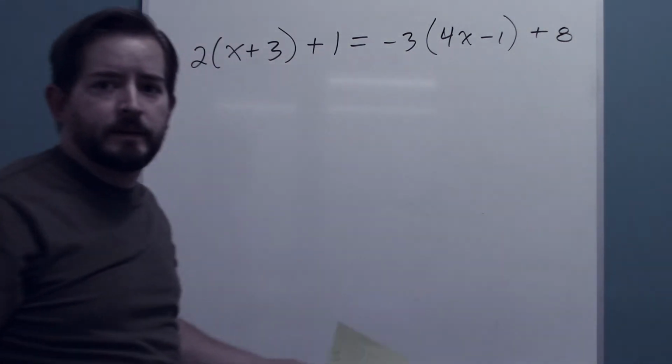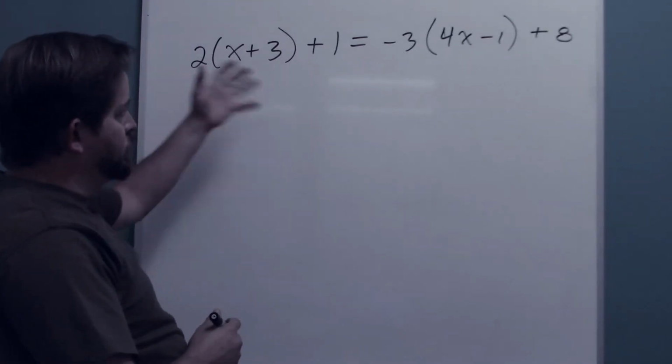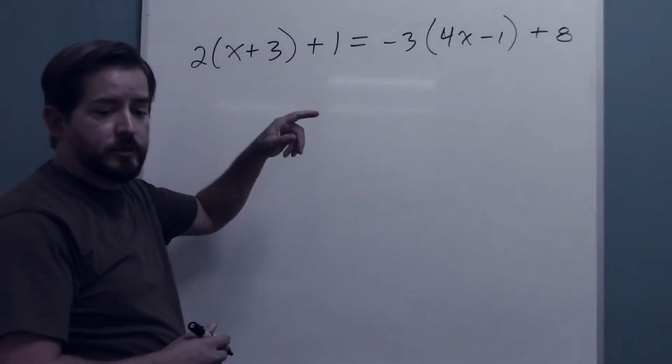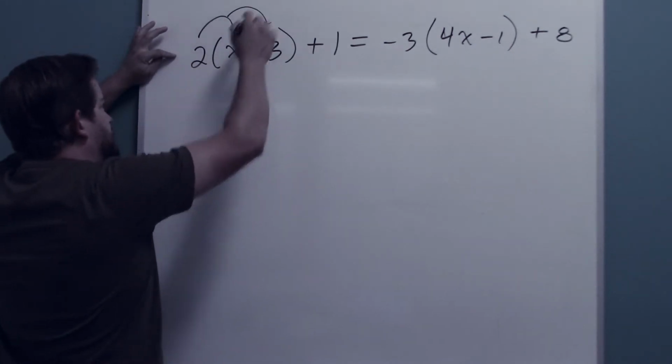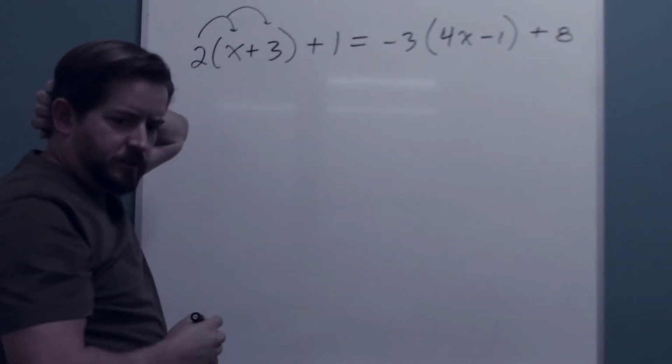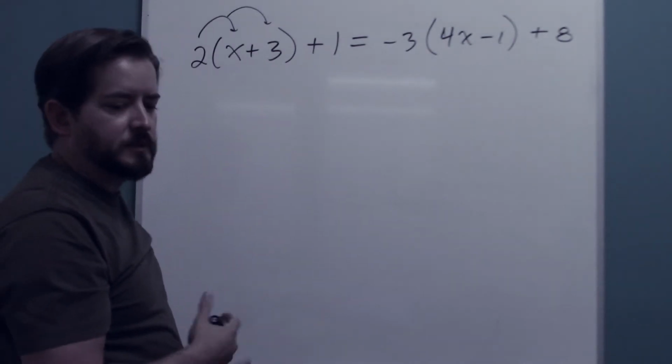Okay. So let's see. Again, there's no fractions, so I don't have to worry about the lowest common denominator. So I'll start right in with the distribution, right? And as I go through these, I'll start going a little bit faster and faster because I don't have to explain those 6 steps anymore.